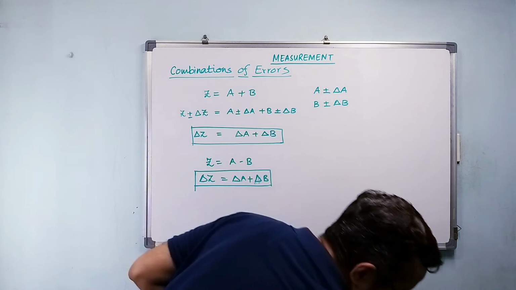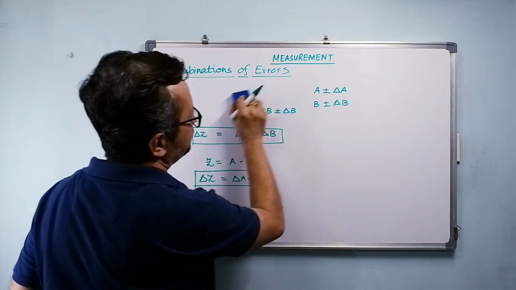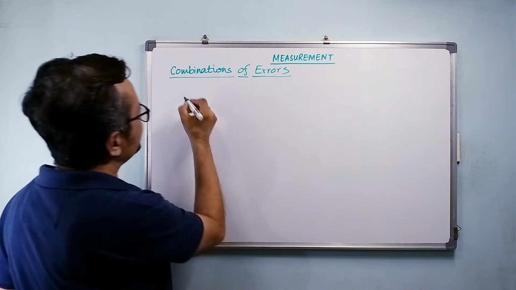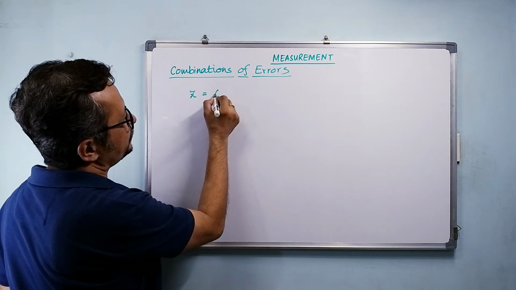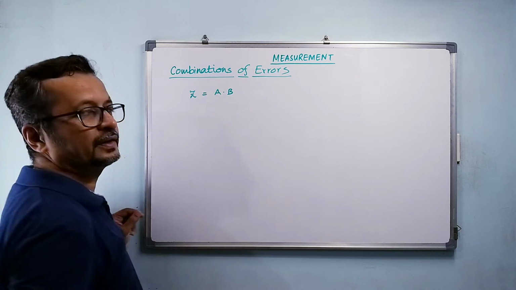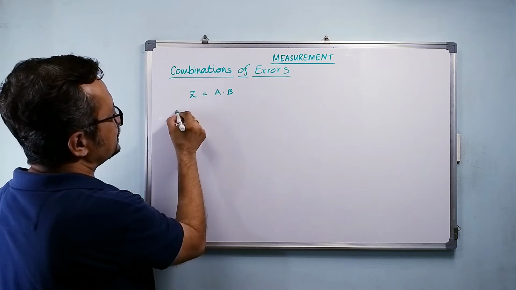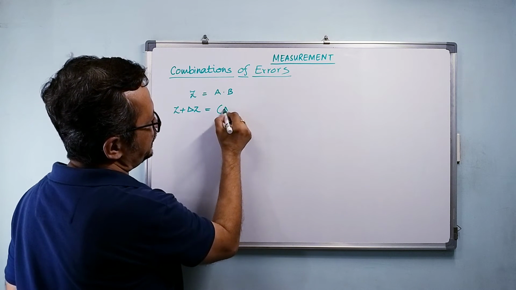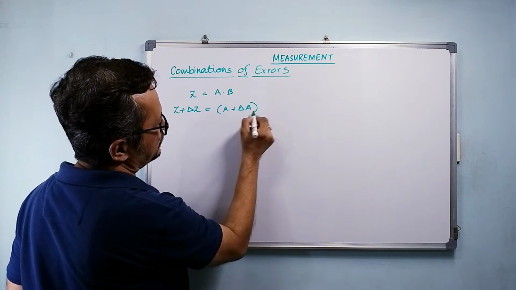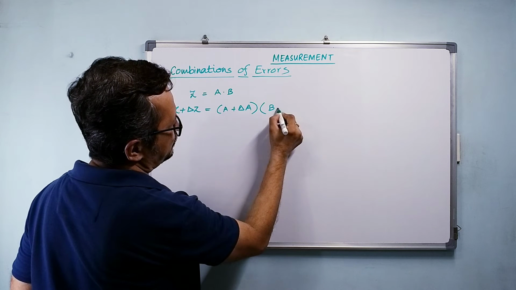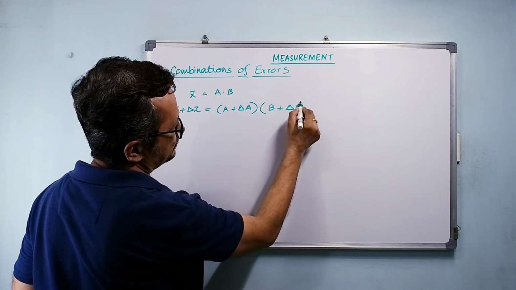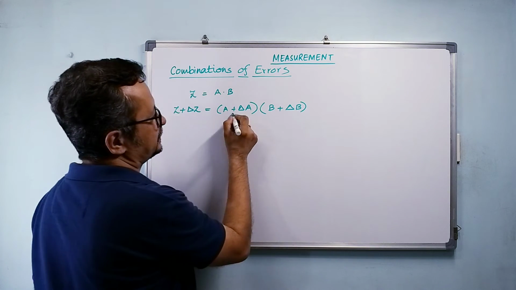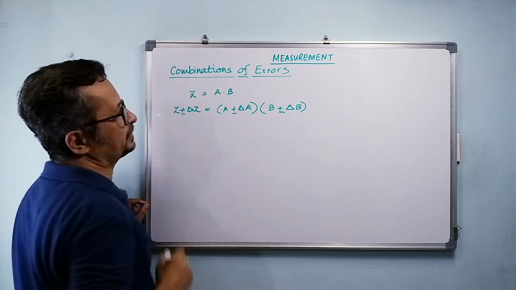Suppose I define my quantity Z as equal to A into B. Correct? Then what would be Z plus delta Z? It would be A plus delta A into B plus delta B. It is going to be plus or minus here and plus or minus here.